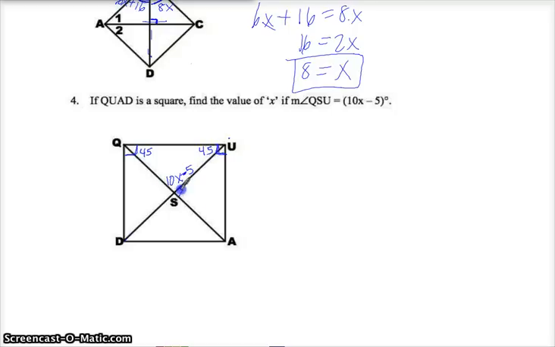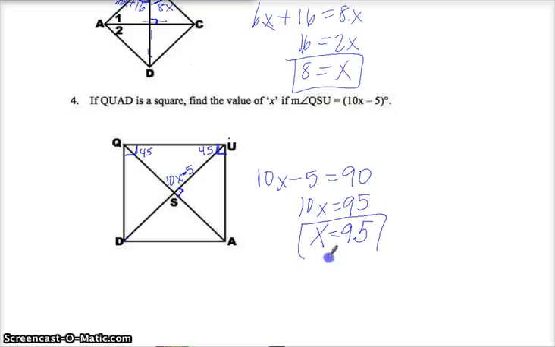We also know that the diagonals perpendicularly bisect each other. So in other words, 10x minus 5 must equal 90 degrees. So 10x equals 95, therefore x equals 9.5.